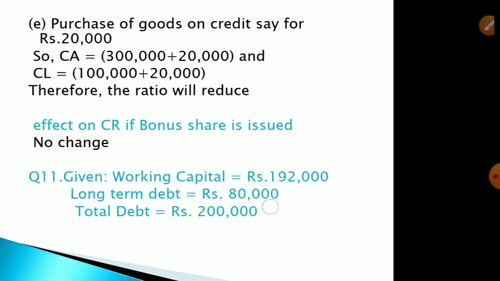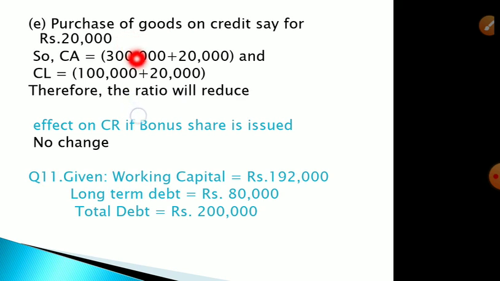Now part E of the same question, that is purchase of goods on credit, say for rupees 20,000. The question given was purchase of goods on credit, and I have assumed the amount to be 20,000. When we are purchasing goods, my stock is increasing, and on credit means my liability is also increasing, because right now I am having a creditor.